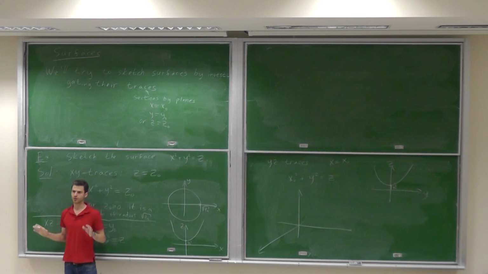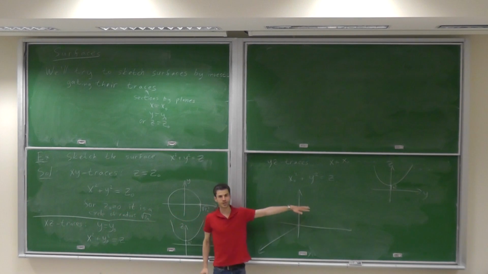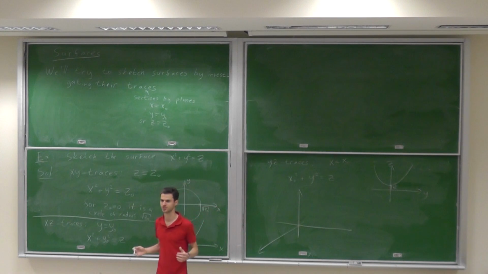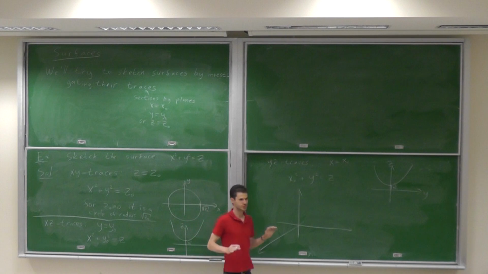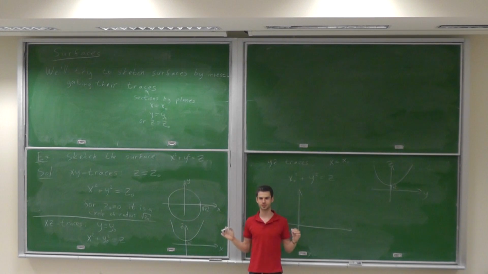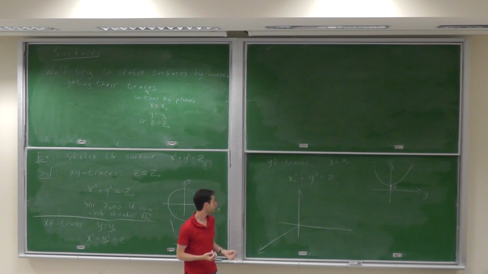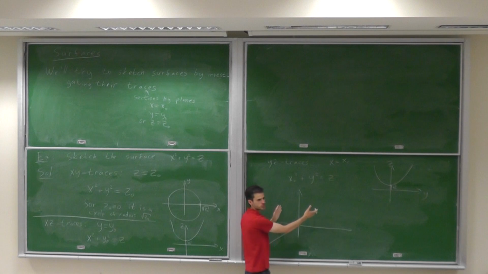Okay, now the somewhat hard part. I want to try to imagine how this whole thing fits in three-dimensional space. So we kind of touch this surface from different directions. Now I want to understand how it fits in three-dimensional space. Well, so what do I know? I know that the horizontal sections are circles.